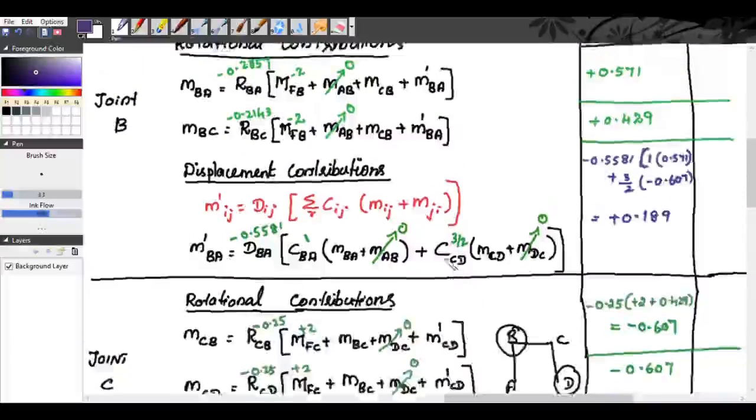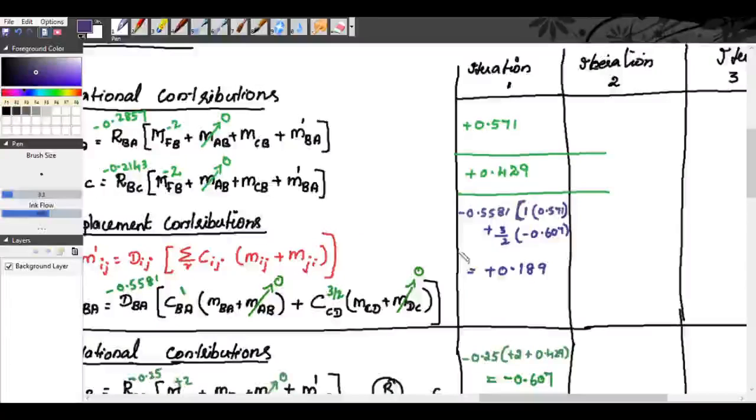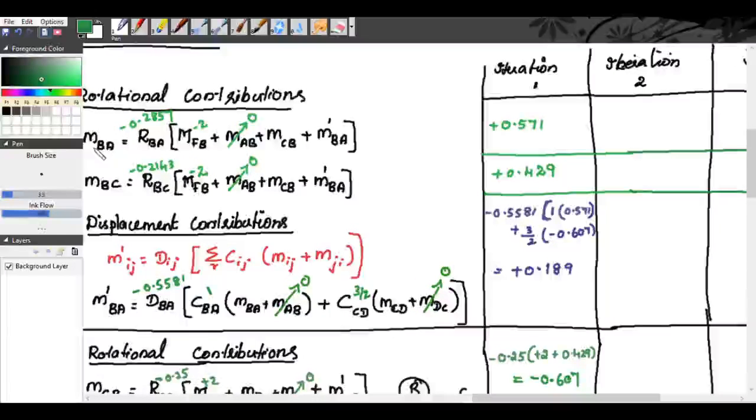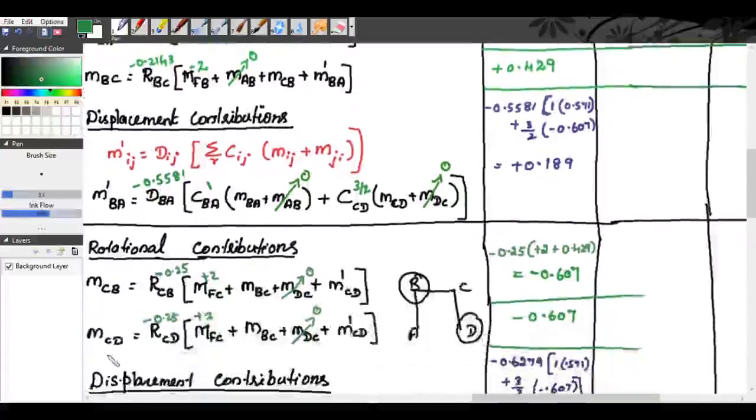Now, we will move on to the second iteration. Iteration 2. So, for the second iteration, MBA is equal to, RBA remains the same, that is minus 0.2857 multiplied by MFB, also same, minus 2. MAB is always 0.